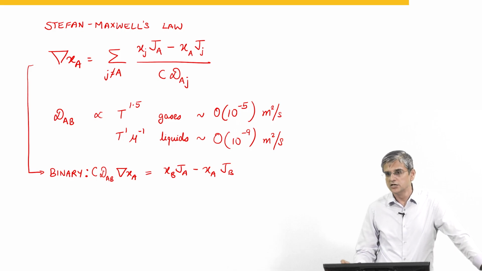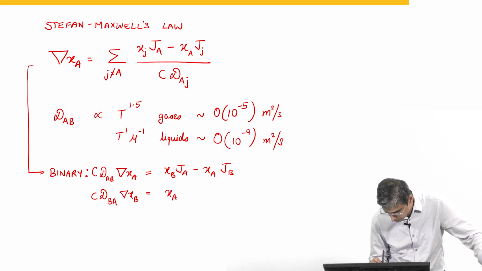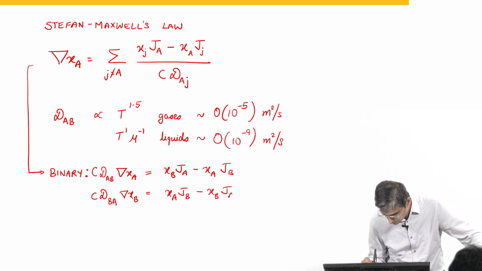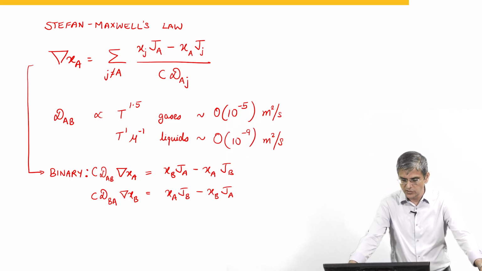If you do the same thing you will get this. So if you add them up, you will get them to be 0. This is what you have learnt as equimolar counter diffusion.